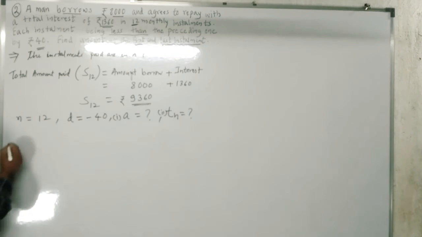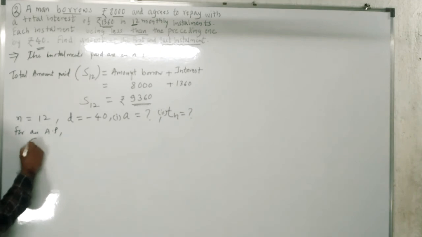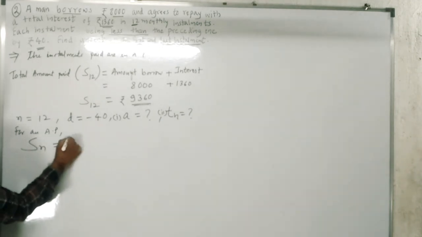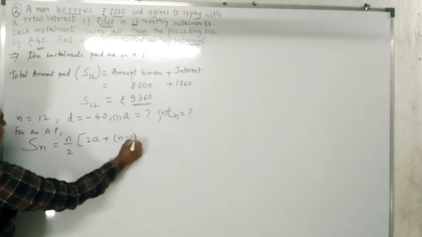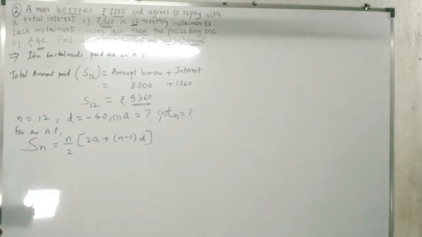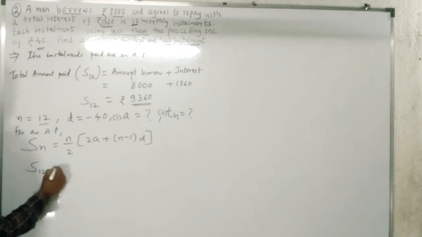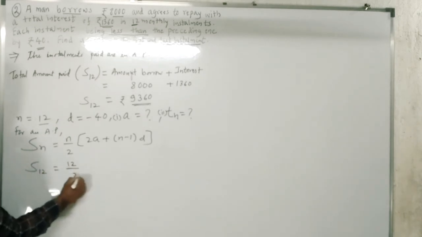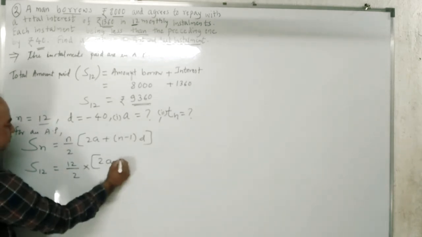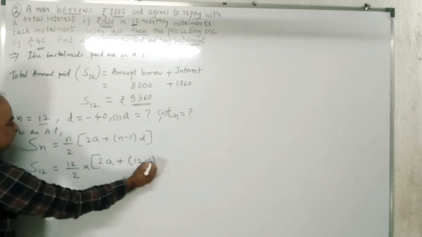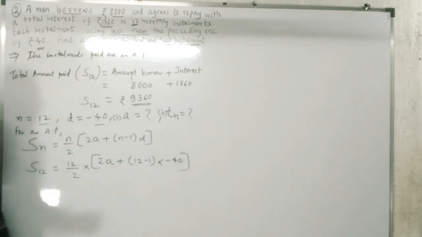For an arithmetic progression, we have the formula Sn is equal to n upon 2 bracket 2a plus n minus 1 into D. So n is 12, S12 is equal to 12 upon 2 into 2a, we have to find, plus 12 minus 1 into D, D is equal to minus 40.